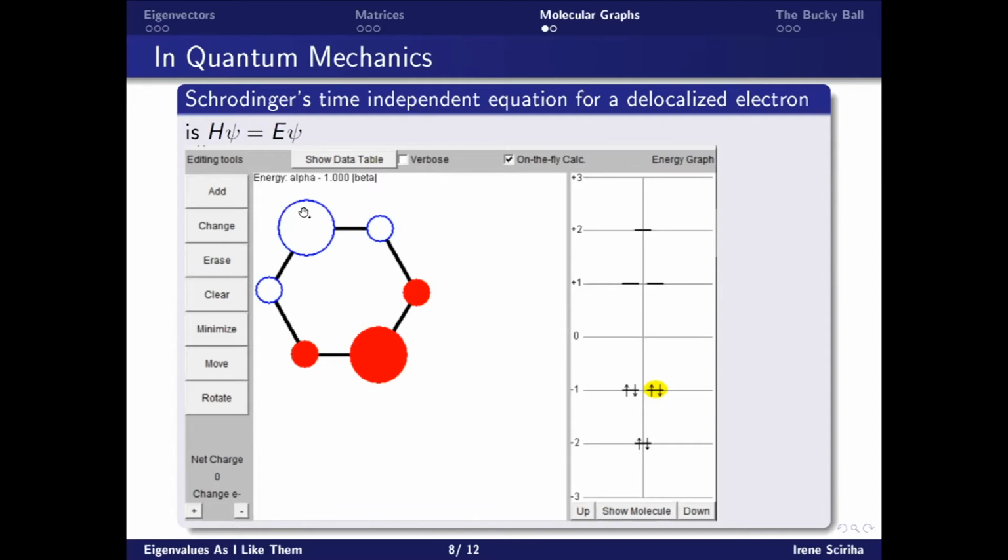For example, if you take benzene, benzene has 6 carbon atoms, and here we have a picture of the 6 carbon atoms joined in a hexagon. The lines between 2 carbon atoms would be the bonds of the benzene, the bonds between the carbon atoms.